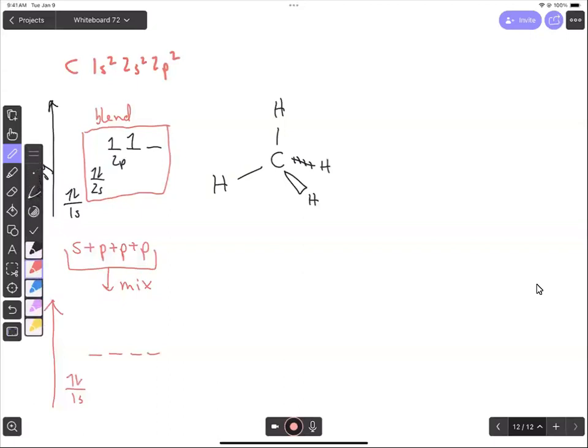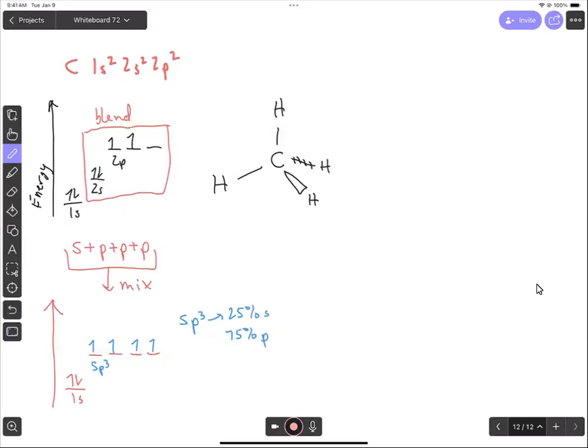I'm going to reassign those same 4 electrons, 1, 2, 3, and 4. They're not in an s orbital. They're not in a p orbital. They are in 4 identical sp3 orbitals.